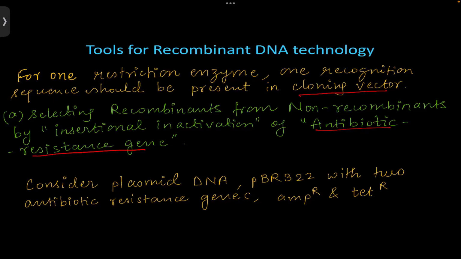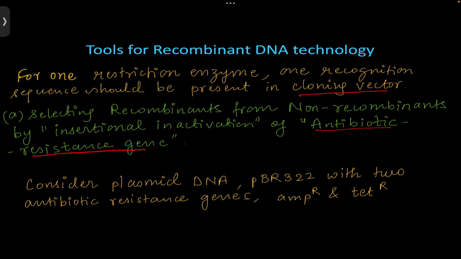Transformant cells could be any cell which has a foreign piece of DNA that you have introduced. This foreign piece of DNA doesn't necessarily have to be a recombinant DNA. Whereas the recombinants will carry your recombinant DNA only, where your gene of interest is ligated with a vector. That is how these two terms differ from each other.